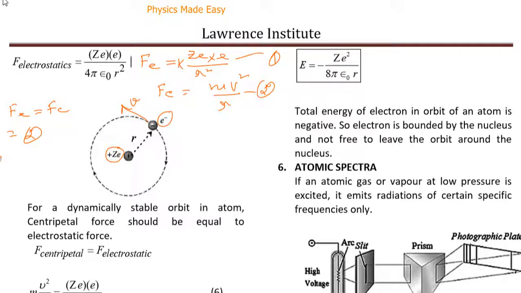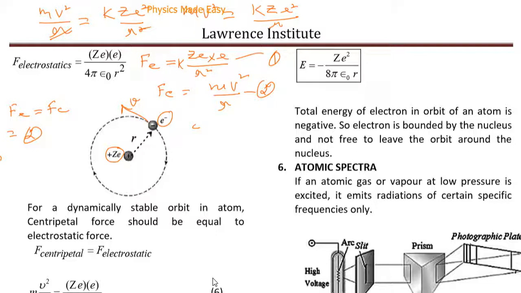This clearly says that m v square by r is equal to k z e square by r square. This cancels. It means m v square is k z e square by r.